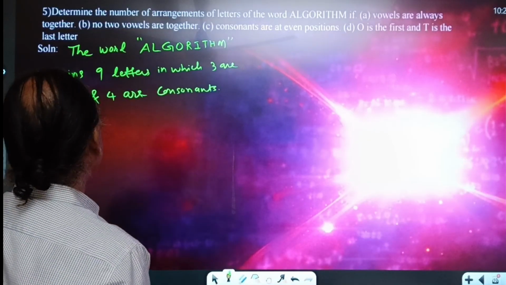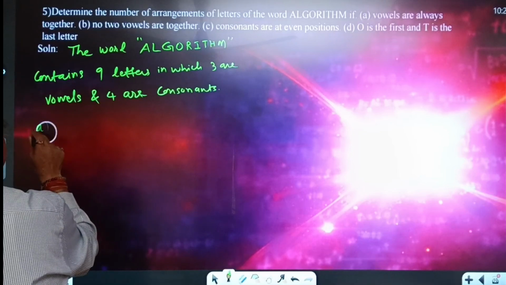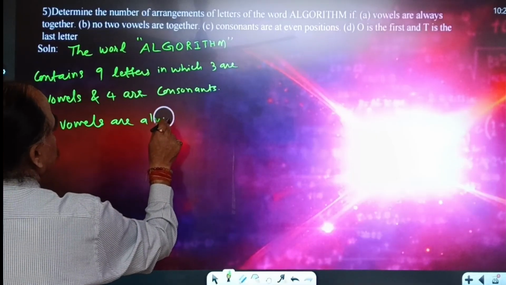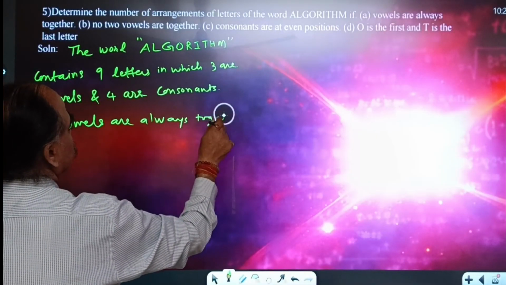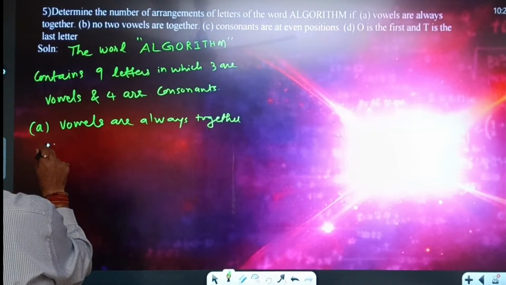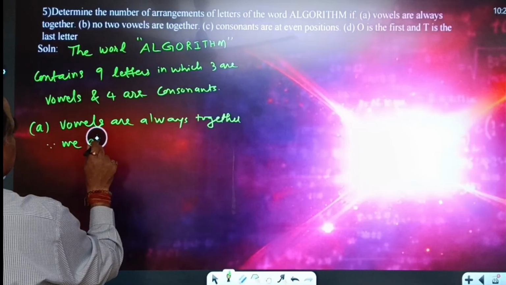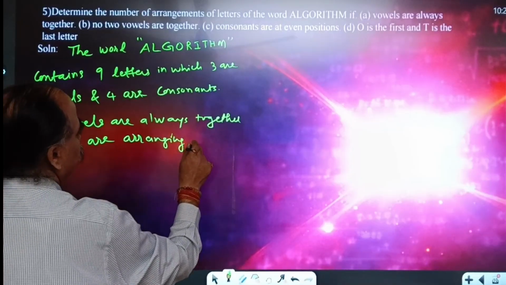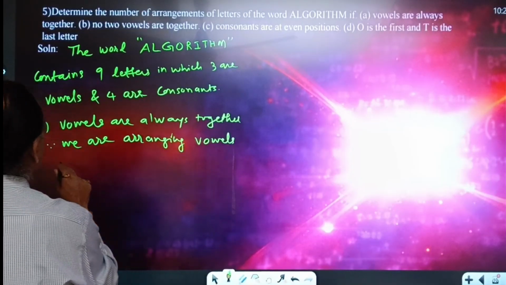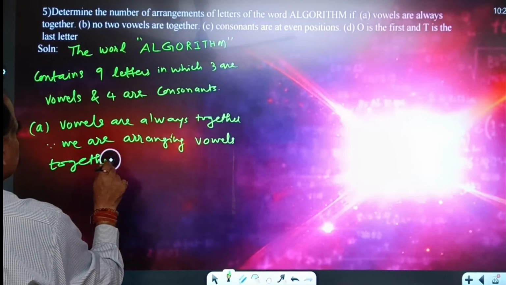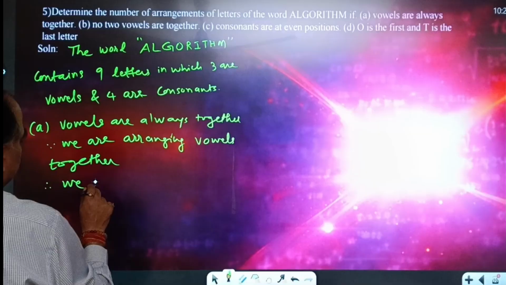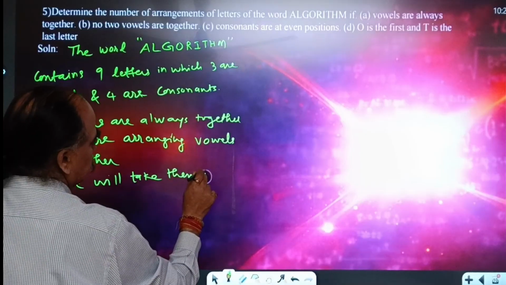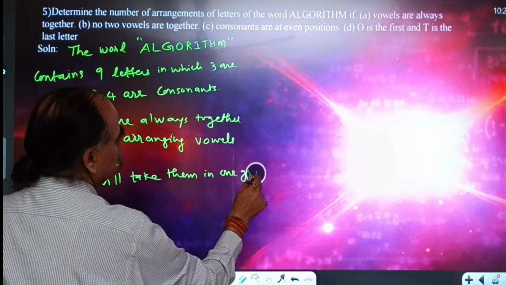First case is what? Vowels are always together. Since we are arranging vowels together, therefore we will take them in one group.